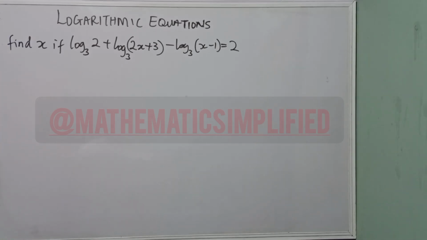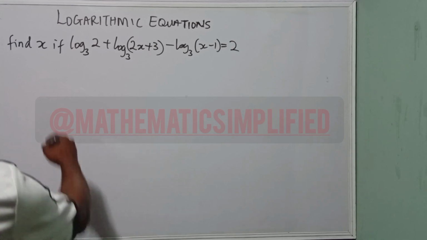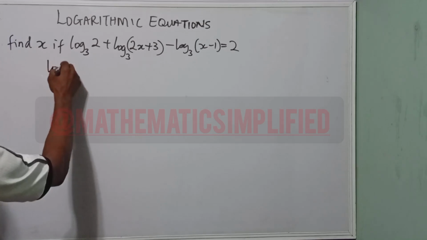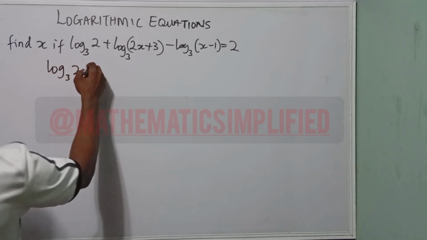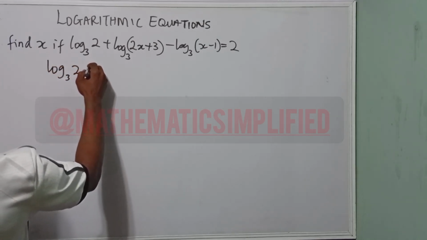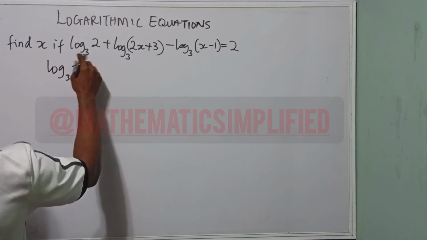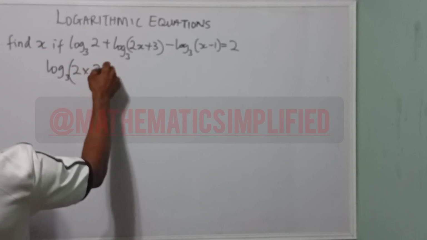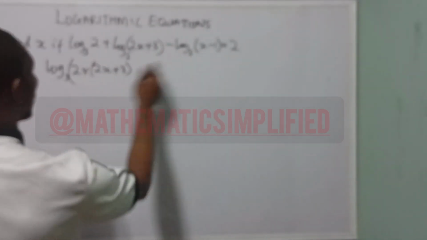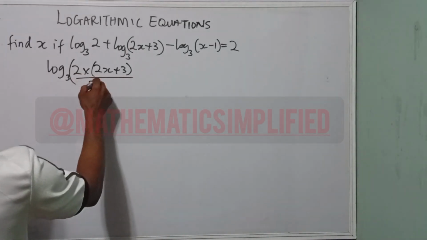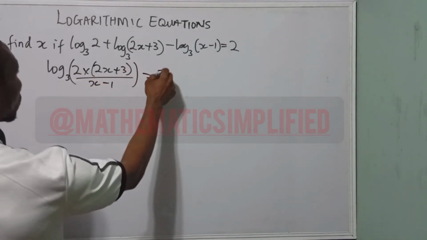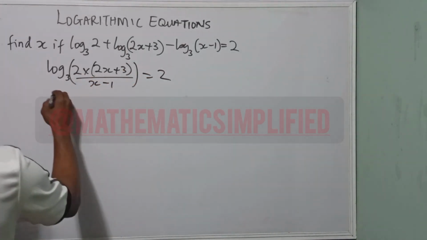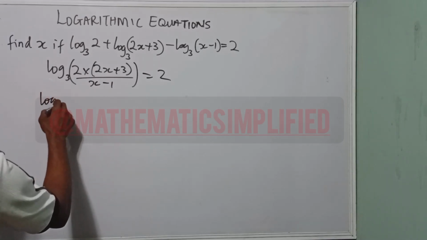In applying our log rule, we would have log₃ of x, and addition becomes multiplication, times (2x plus 3), subtraction becomes division, divided by (x minus 1), equals 2.